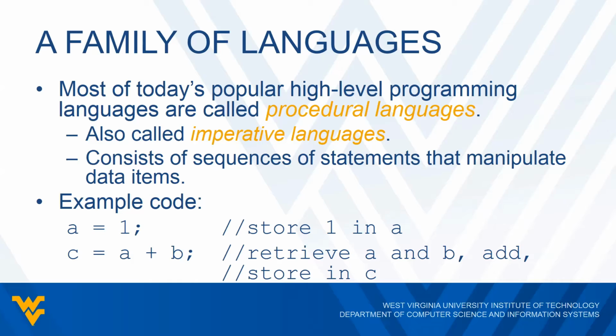And then we have C = A + B. This means we're going to retrieve the values of A and B, add them together, and then store the result in C. So even though a high-level programming language allows the programmer to think of memory locations in abstract rather than physical terms, the programmer is still directing, using program instructions, every change in the value of a memory location.